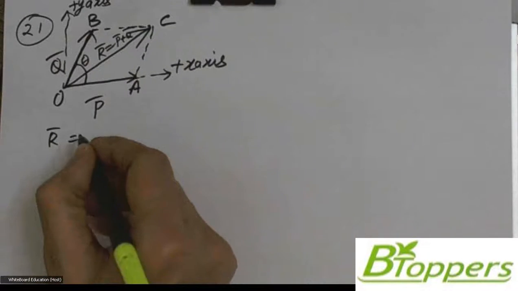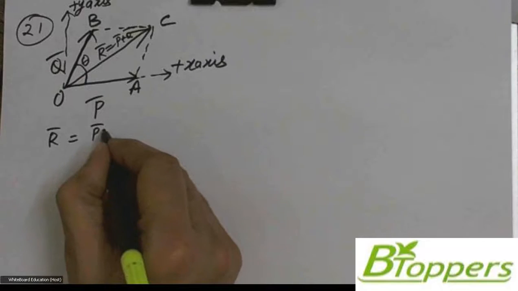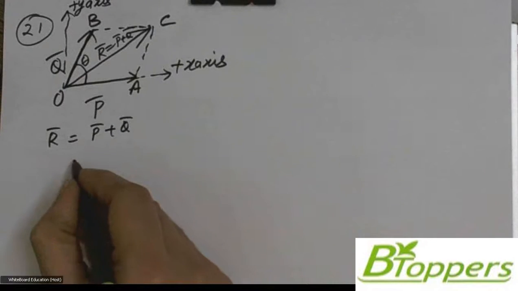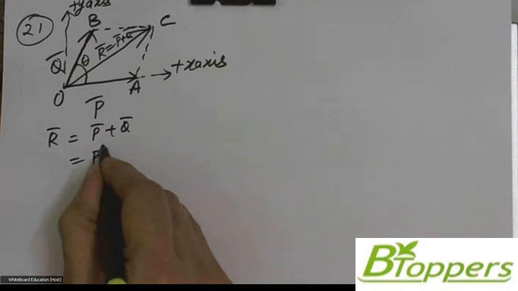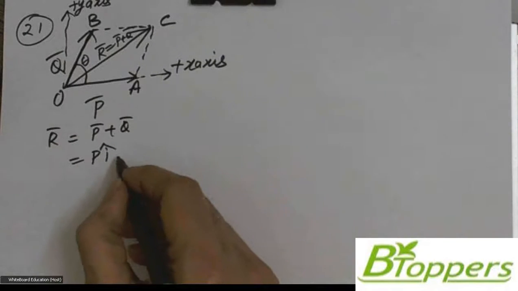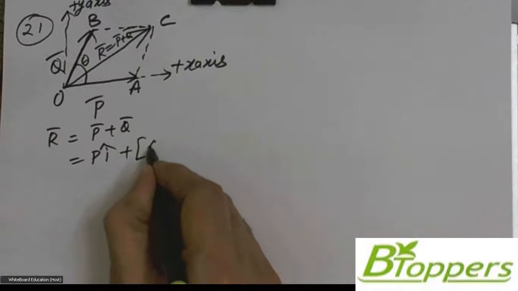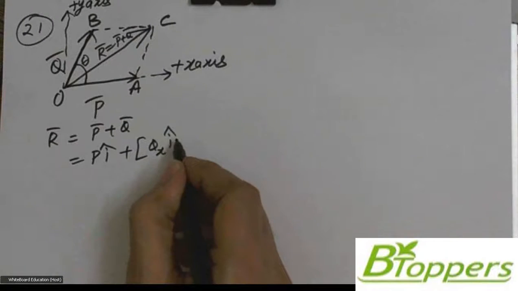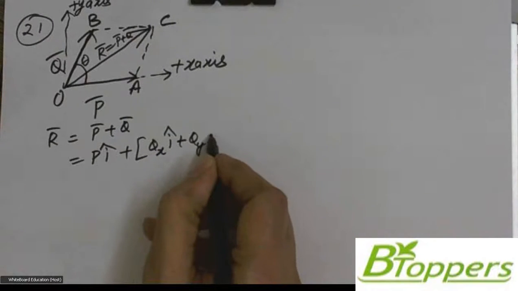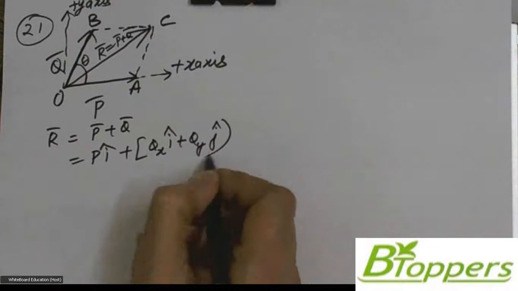So R bar you can write as P bar plus Q bar. P bar you can write as P i cap because it is directed along the x-axis. Q bar can be written as Qx into i cap plus Qy into j cap.